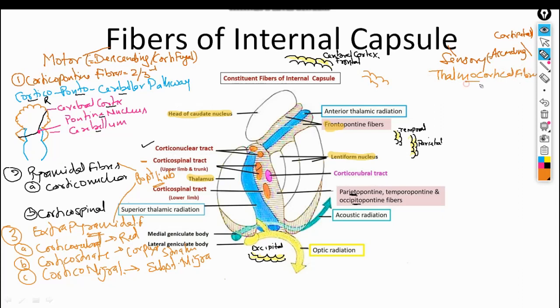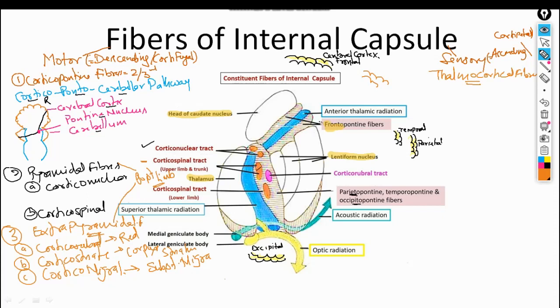These fibers come through the thalamus, get associated with the different parts of the internal capsule, and radiate in different directions.